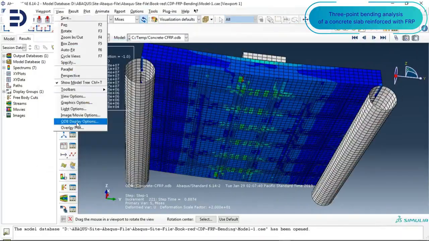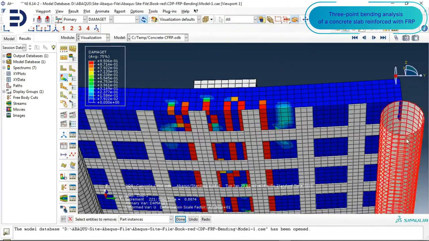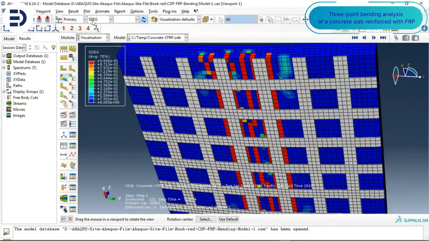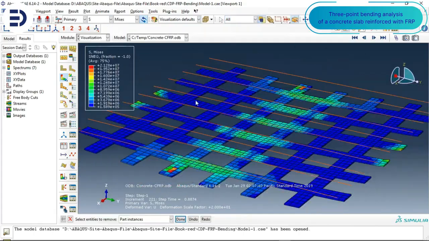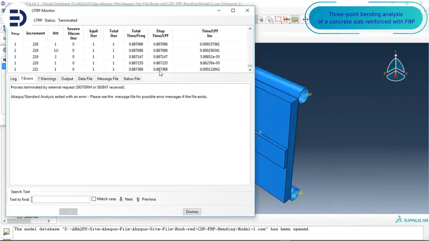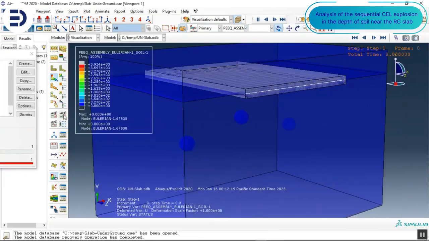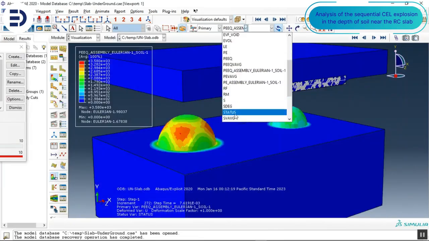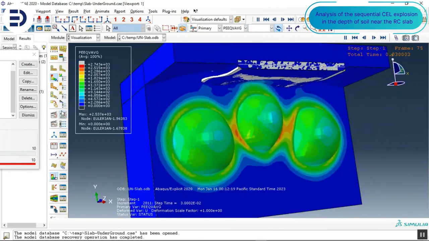FEM provides a powerful and flexible framework for realistically analyzing and simulating concrete structures. By capturing material nonlinearity, cracking behavior, and complex geometries, engineers can predict performance, optimize design, and ensure safety and reliability. Concrete slab analysis and simulation represent a crucial part of structural engineering research and design.